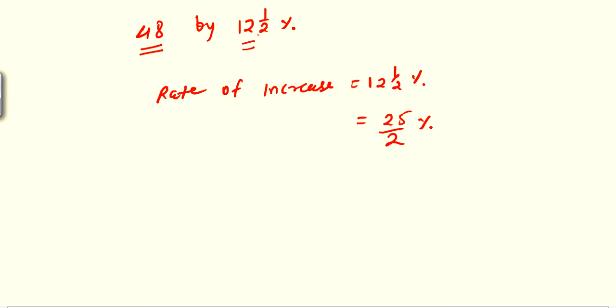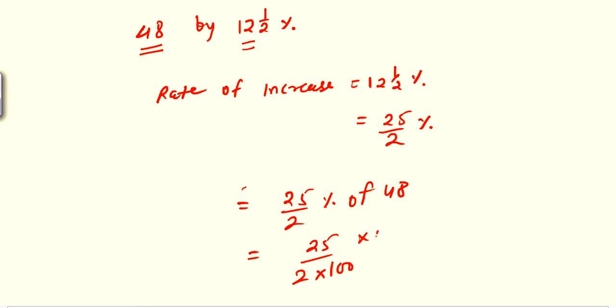We will first find 12 1 by 2% of 48, then whatever comes we will add to 48. Okay, so 25 by 2% of 48. So 25 upon 2, for the percent we have to write 100 in the denominator, into 48. So 25 1 ja, 25 4 ja, 4 1 ja, 4 12 ja, 2 1 ja, 2 6 ja.